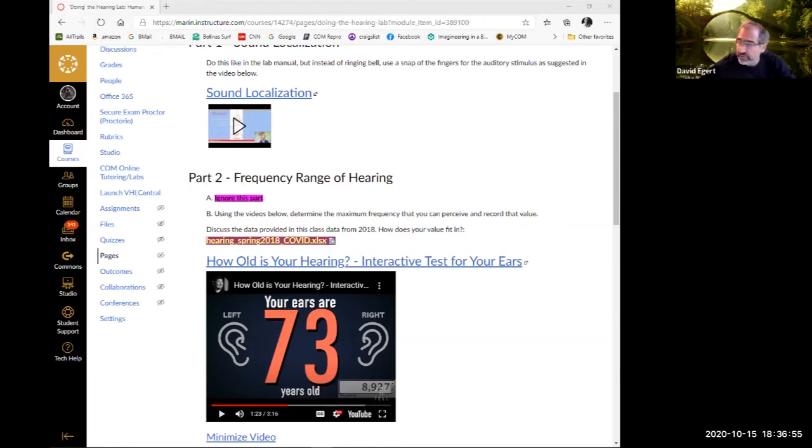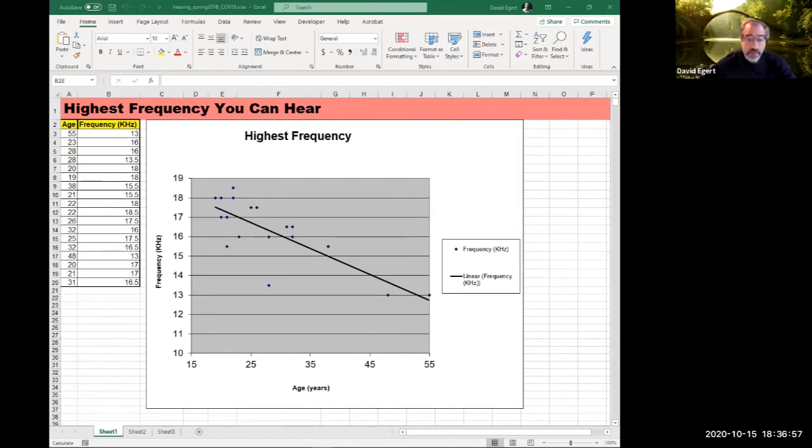You typically get something like this. But it would be fun if you all can email me your data. I can put it into a spreadsheet and we can actually see what the class looks like and create one for ourselves.